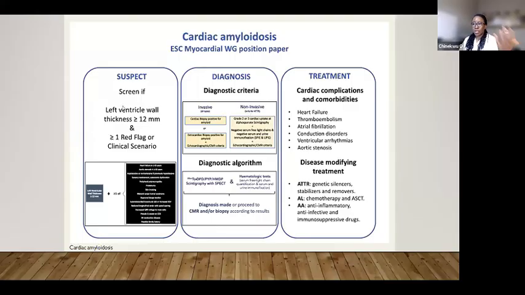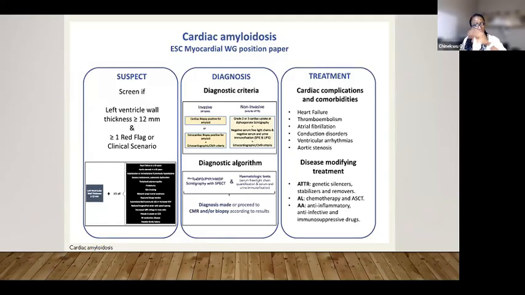Now, the first thing is to do non-invasive testing. Because AL and TTR are the most common, AL is a cancer, is myeloma, and TTR is basically a non-malignant condition. Their treatments are very different, and that's why it's really important to know which is which. The first thing is the non-invasive testing with serum and urine immunofixation and electrophoresis to see if we actually have excess kappa and lambda free light chains.